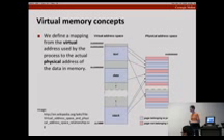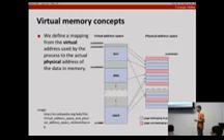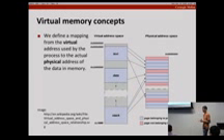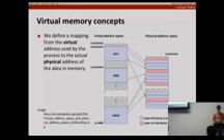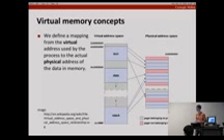Yeah? So if there can be more virtual space than physical space, does that mean then some of the virtual spaces are pointing to the same address in the physical space, or how is that possible? So it means that some of the virtual space is not going to actually point to anything in the physical space. So we haven't used the whole virtual space here. There's big empty chunks.